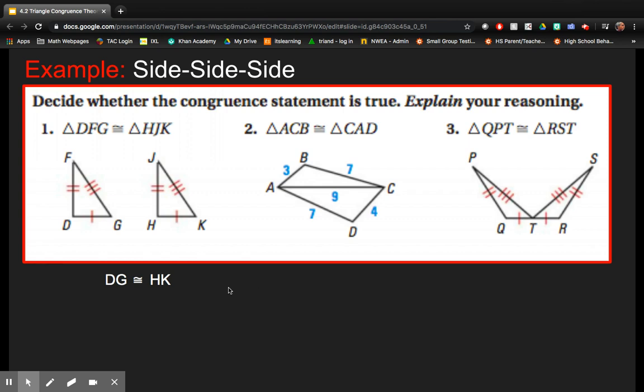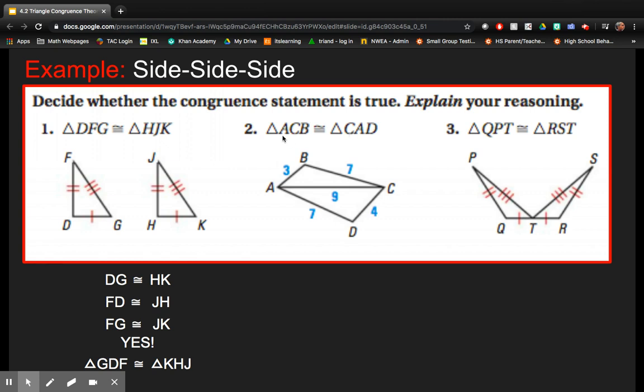And the second thing I note is that FD is congruent to JH. Third thing I note is that FG is congruent to JK. Which tells me that yes, triangle GDF is congruent to triangle KHJ because I know that all three sides are congruent.